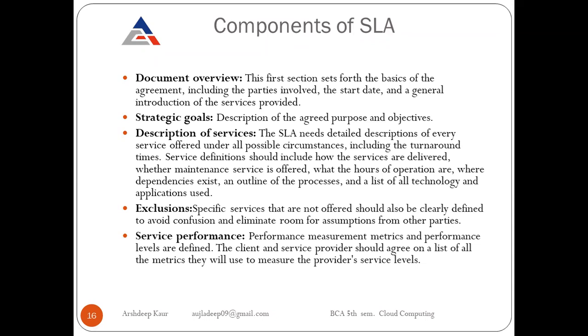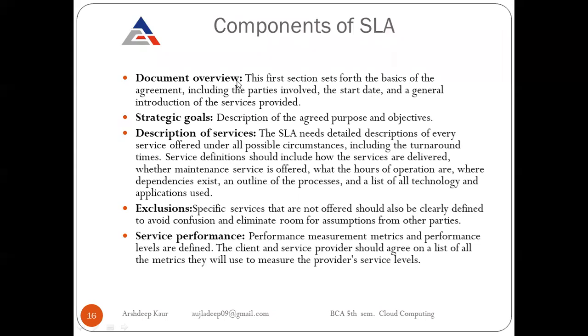Now start with the first component, that is document overview. This first section sets the basis of the agreement. It includes parties involved, meaning the name of the service provider and the name of the client, the start date, when we start the agreement, and basic introductions of services, meaning number of services, level of services, quality of service.